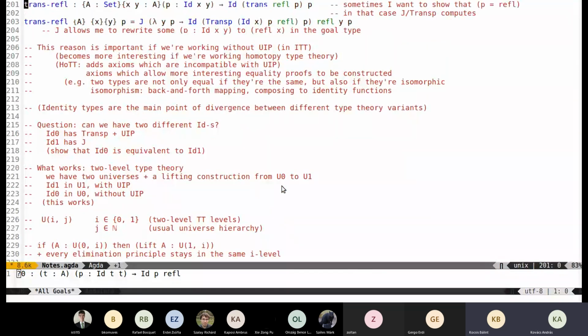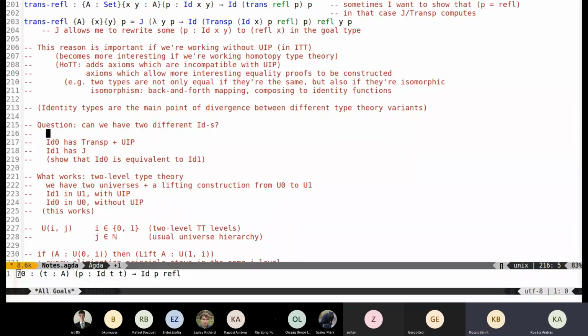No, here I'm just saying that we are only specifying two ID types. Because here there are no universe levels involved, we just say that there are two ID types.